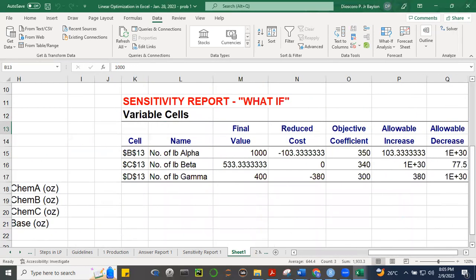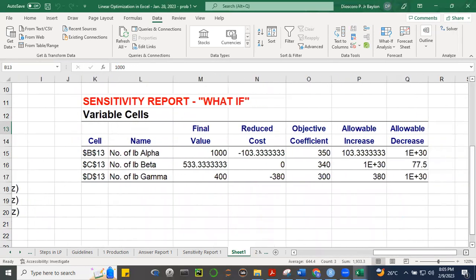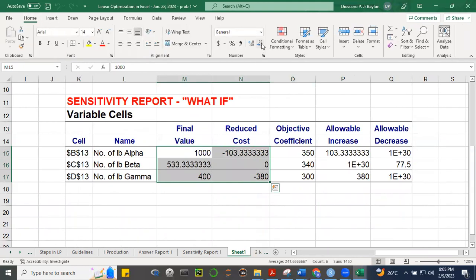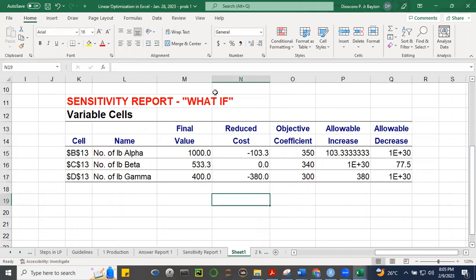So the first part of the sensitivity analysis, let me just bawasan ko lang decimal places nito. Gawin ko lang 1 decimal place para masyado kasi nag-occupy ng malaking space. I just reduce it to 1 decimal place. Ito din, bawasan ko. 1 decimal place lang. Okay. Alright.